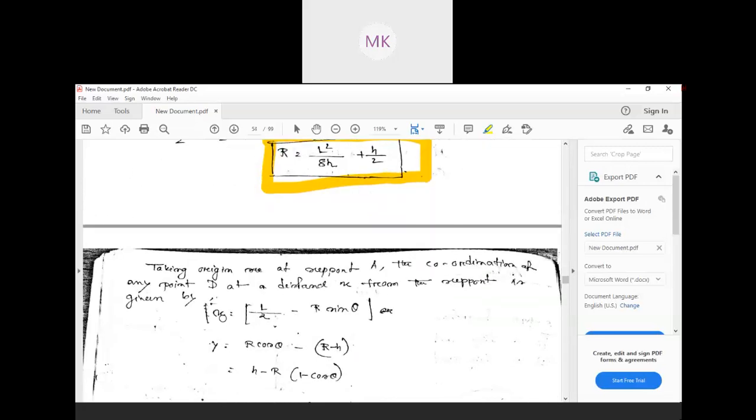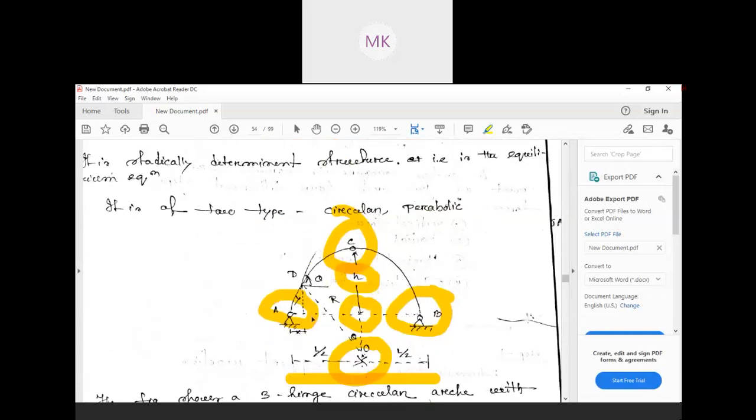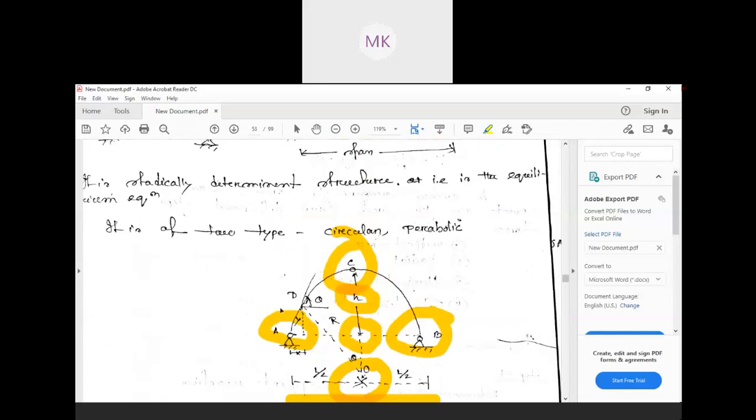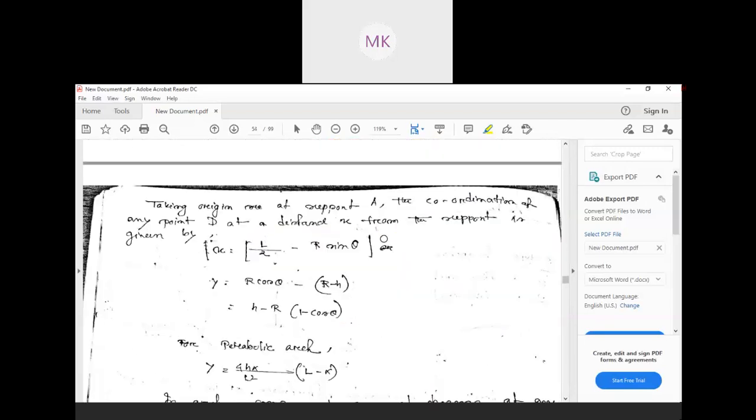After that, taking origin at support A, the coordinates of any point D, here we are considering a point anywhere on the arc, at a distance x from the support are given by the following.